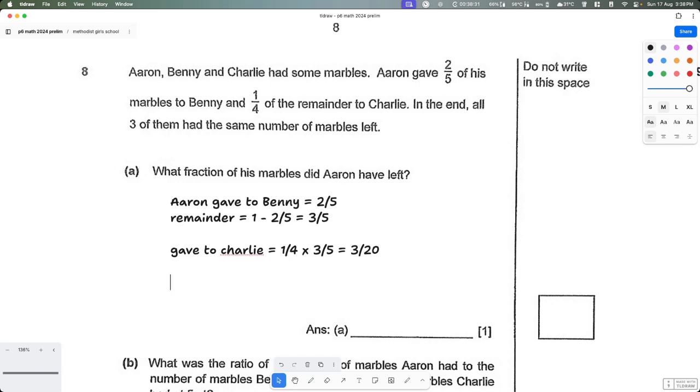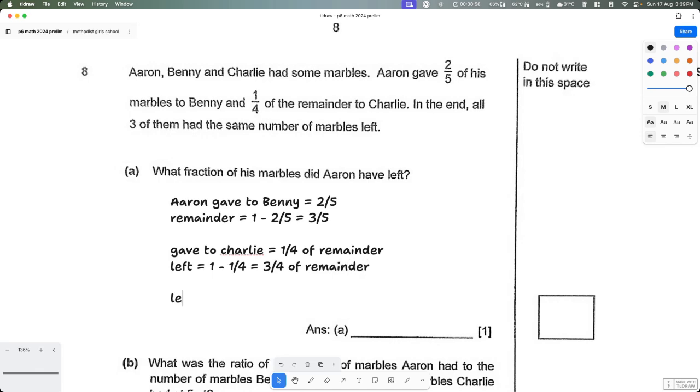So from that, the remainder is 3/5. Give to Charlie 1/4. Okay, wait. Give to Charlie 1/4 of the remainder. Easier, what is left is equal to 1 minus 1/4, which is 3/4 of the remainder.